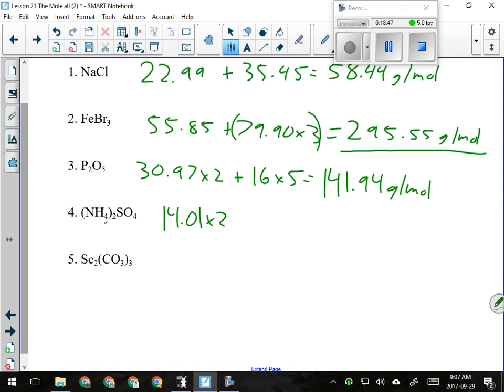How many hydrogens do I have? 8. So plus 1.01 times 8, plus 1 sulfur, which is 32.07. And then I've got 4 oxygens, so 16 times 4. I've got to add all of those together in order to get the molar mass.